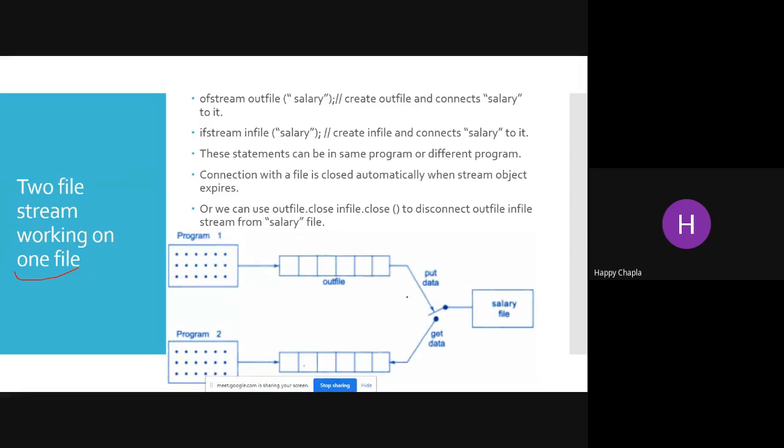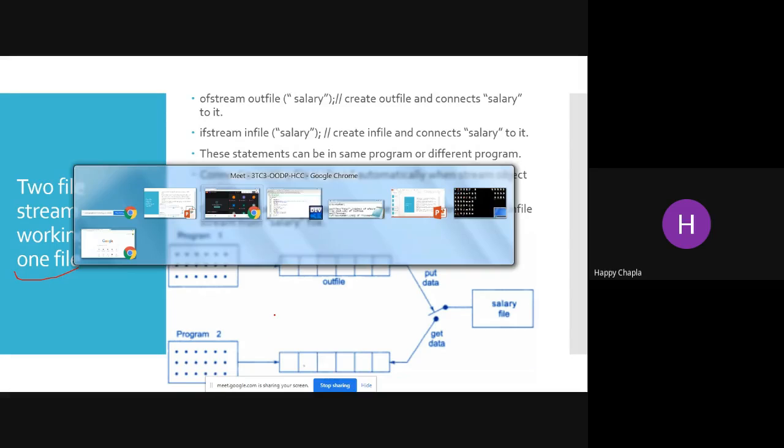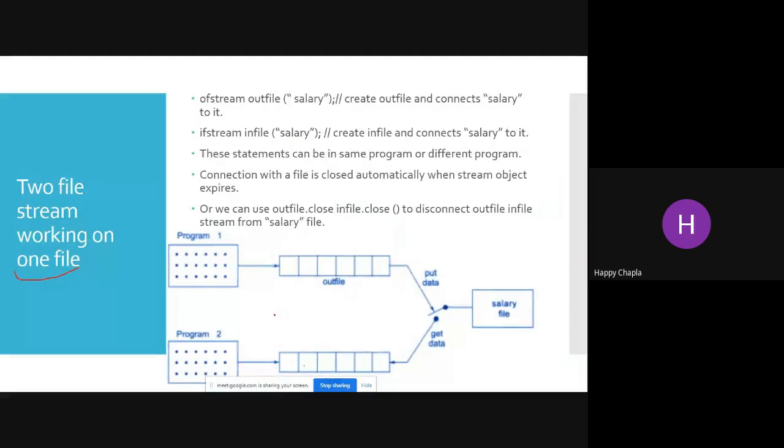One is for the outfile, another is for the infile. One is used to put data on the stream, on the file related to the salary file, and another is concerned with printing the data in program number two.